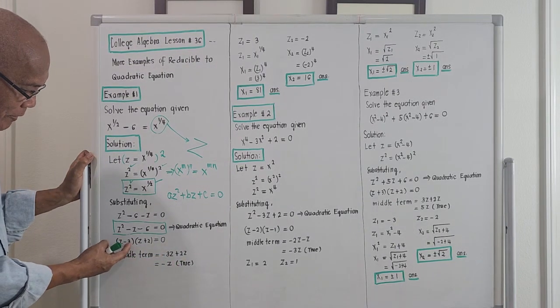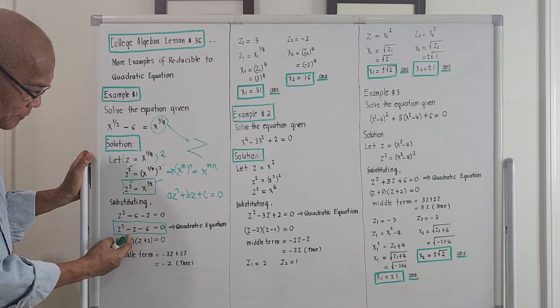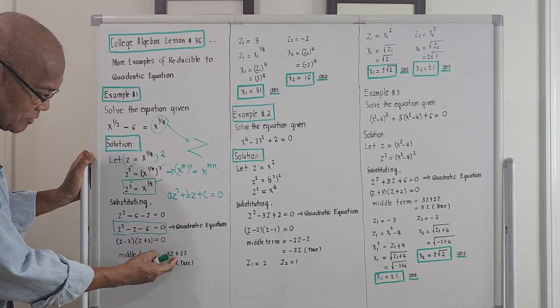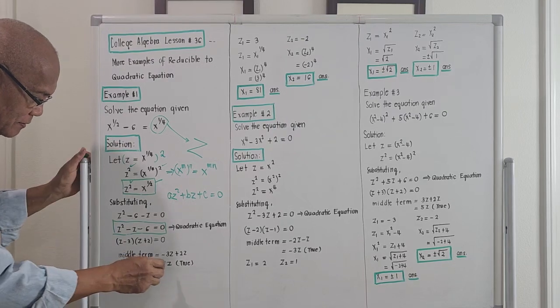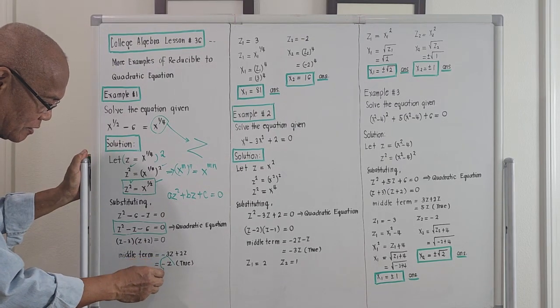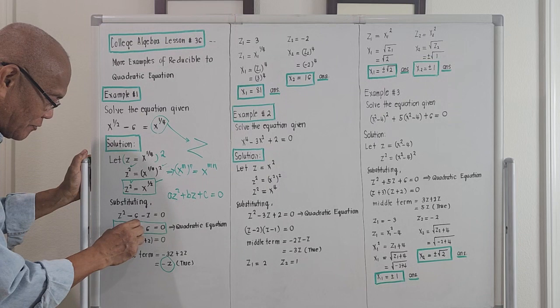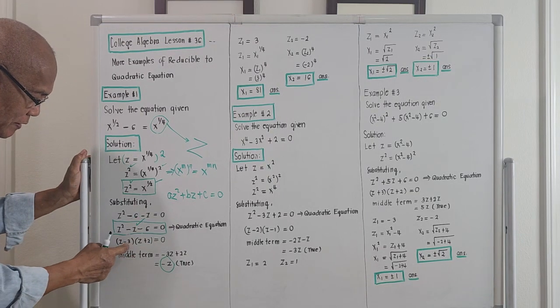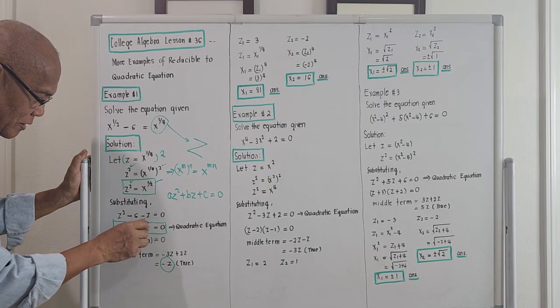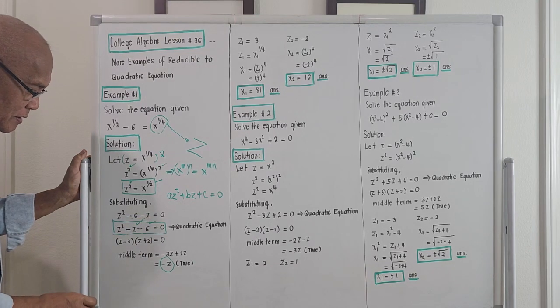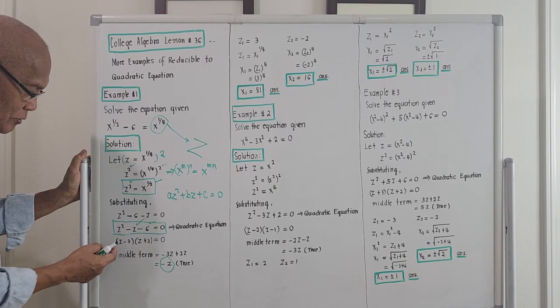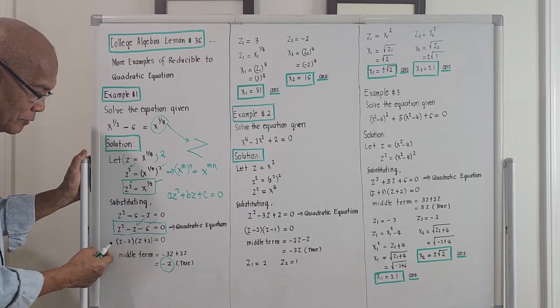The middle term will be negative 3z plus 2z. Minus 3z plus 2z is actually negative z. This is negative z. Okay, same as this one. And the product negative 3 times plus 2 is actually negative 6. Okay? So these are the correct binomial factors.